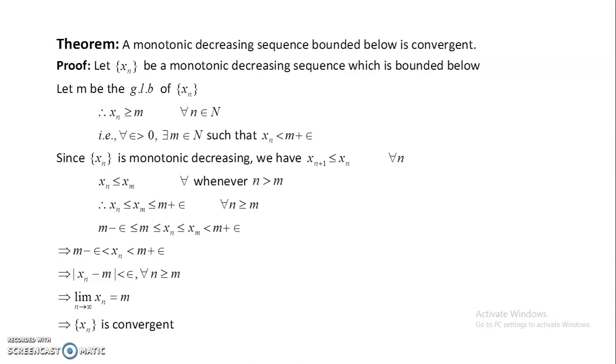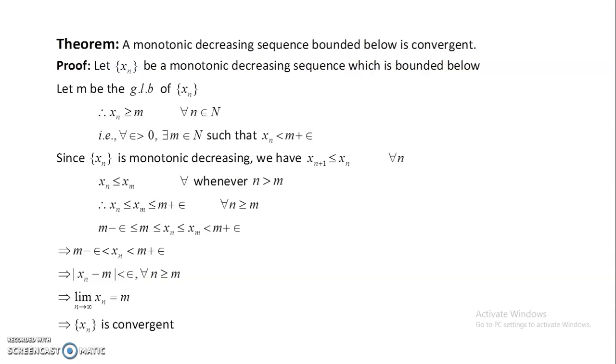Let small m be the greatest lower bound of the sequence xn. According to the greatest lower bound, when we compare the nth term of the sequence with it, xn is greater than or equal to small m for every n belonging to N. That is the definition.